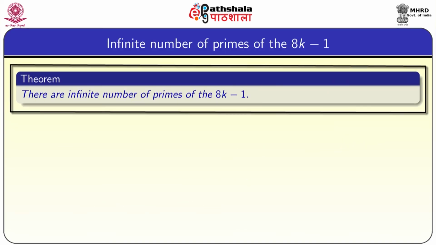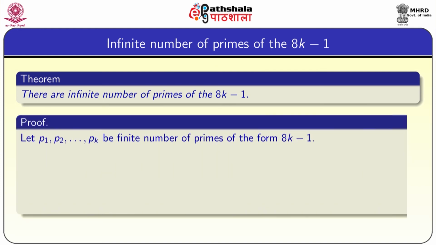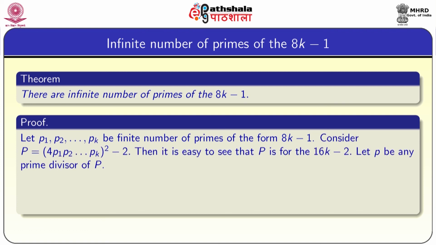Now, we are going to show another important property, that there are infinitely many primes of the form 8k minus 1. The statement is: there are infinitely many primes of the form 8k minus 1. The proof goes like this: let p1, p2 and so on up to pk be the primes of the form 8k minus 1. Consider the value P equal to 4 times (p1 p2 and so on pk) whole squared minus 2.